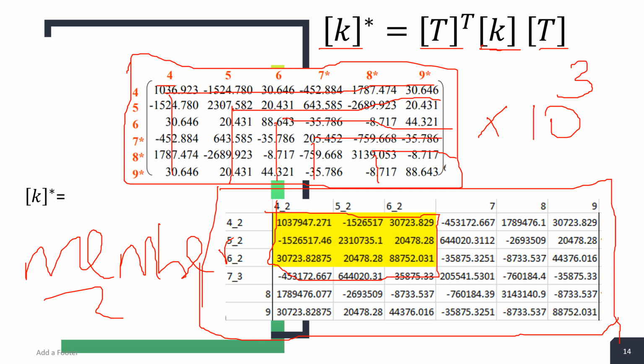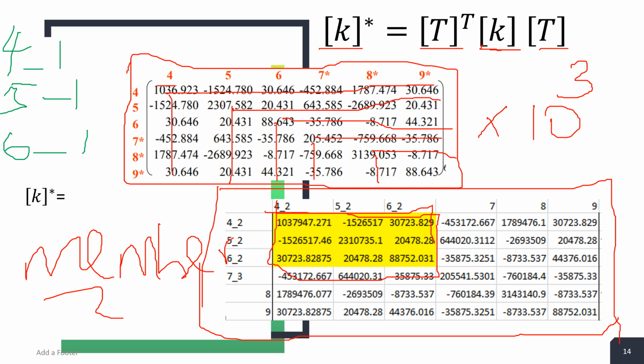So in this previous stiffness matrix, these have some value. This is why in the previous part we call them 4_1, 5_1, and 6_1.